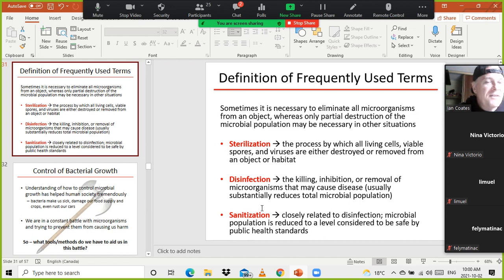It's the removal of microbial presence from a surface that is effective and to the level of public health standards. So are all the bugs gone? No. But it's okay for now.